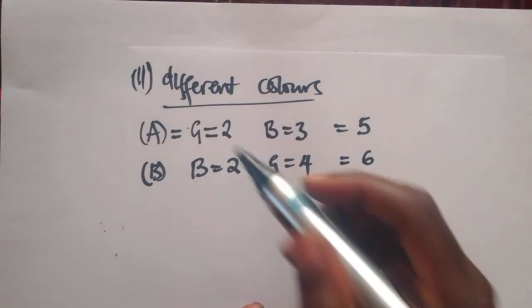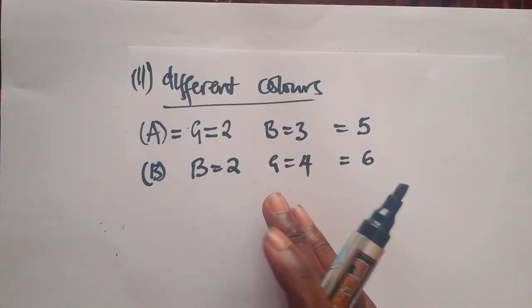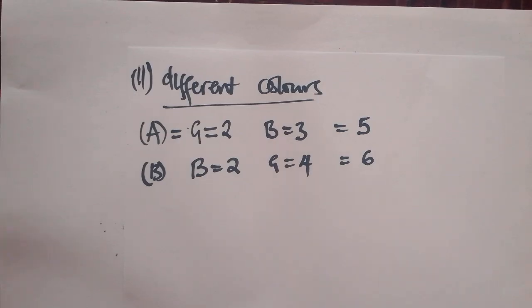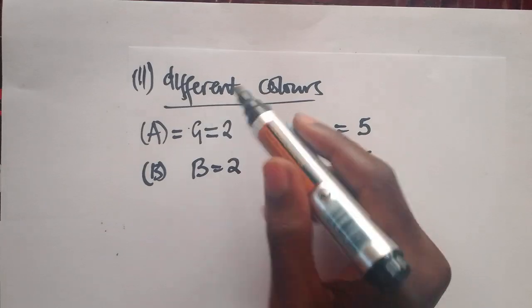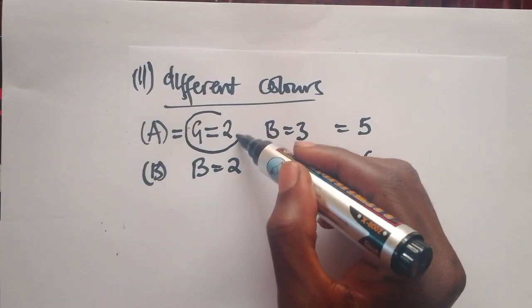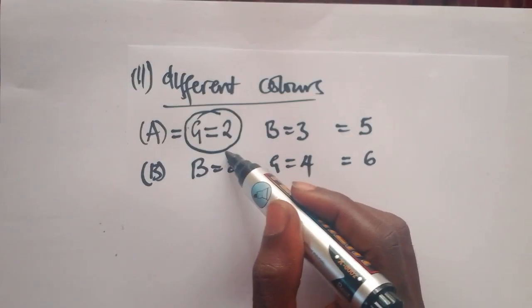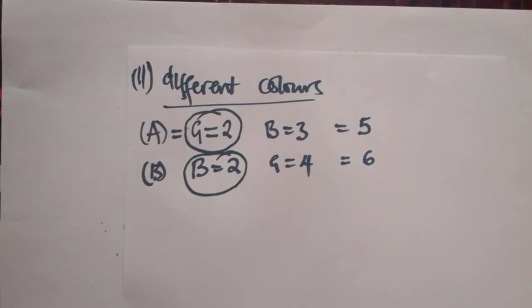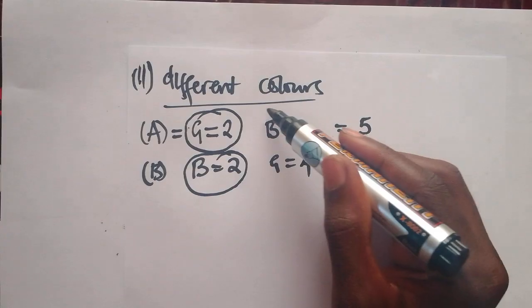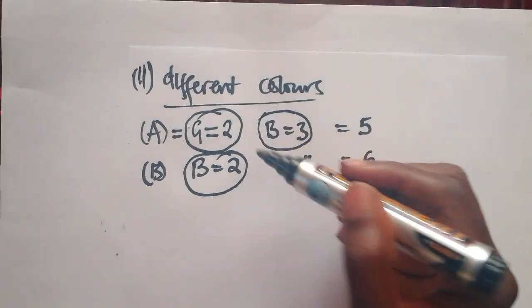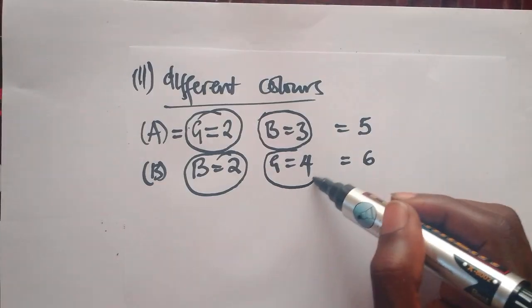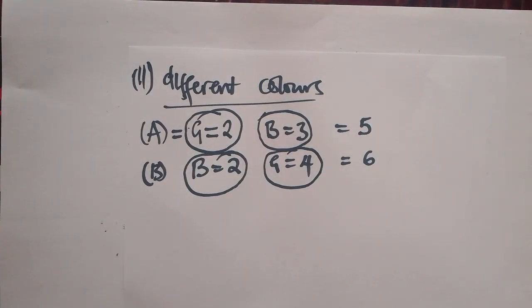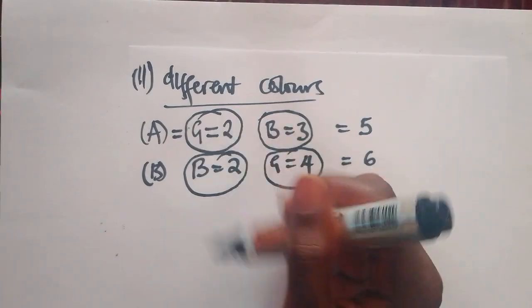So first, to pick different colors, you can either pick green in box A and blue in box B. That's the first outcome. Then the second outcome is you pick blue in box A and green in box B. So we'll solve the first one.